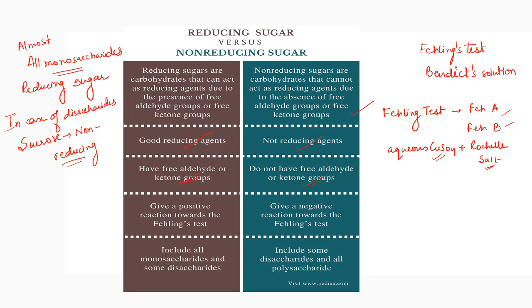So, if these sugars are reducing, then they reduce the copper sulfate Cu2+ ions into metallic copper, or they form cuprous oxide or cupric oxide.